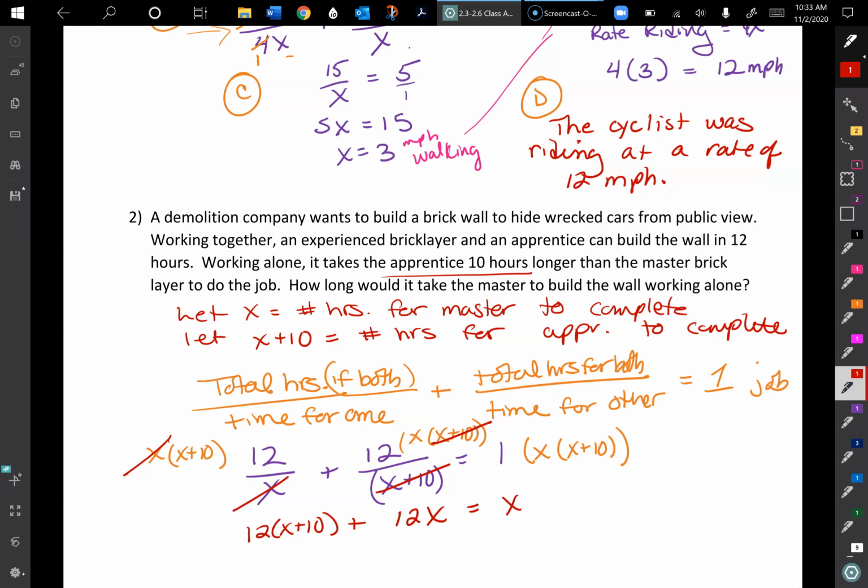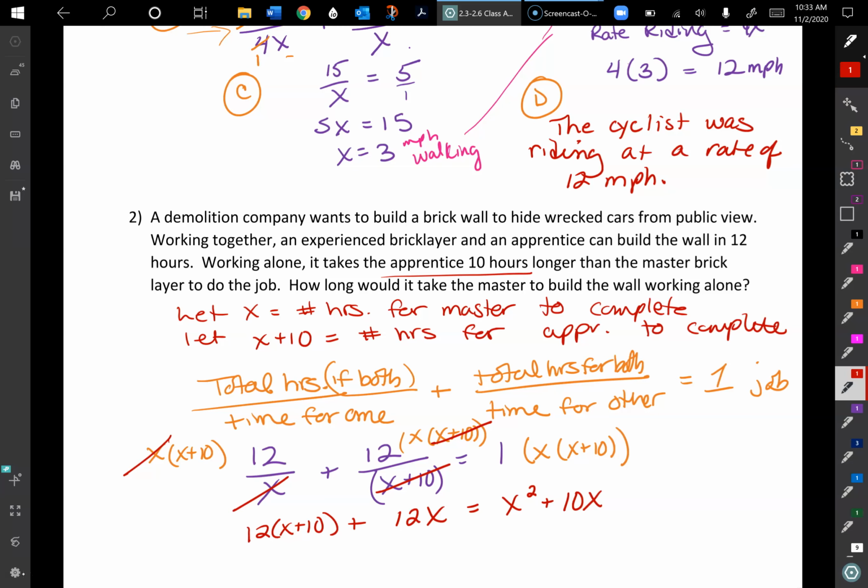I'm going to go ahead and calculate that out. x squared plus 10x. Now I need to simplify all this because it's a quadratic. So I need to set it all equal to 0, and it is going to be factorable.